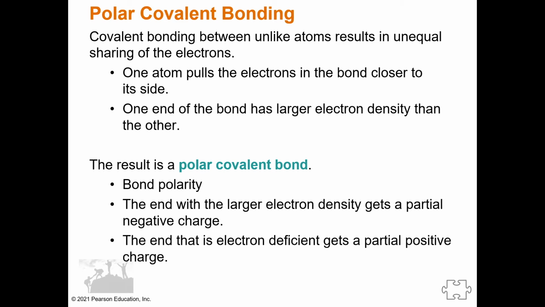So think of a magnet with two poles, one on either end of the magnet. One side is positive, the other is negative. The same thing can be said with a covalent bond, a polar covalent bond. The atom that wants to hog up all the electrons, that side is going to have a partial negative charge, and the other side will have a partial positive charge.